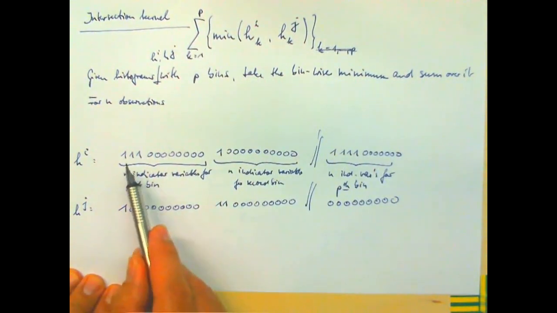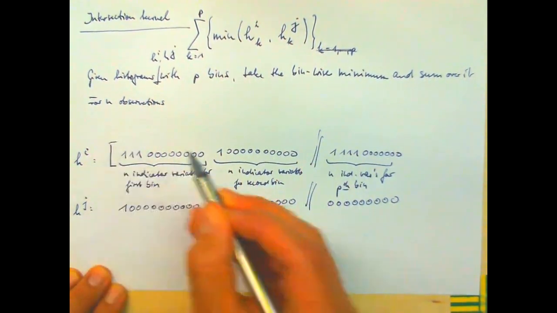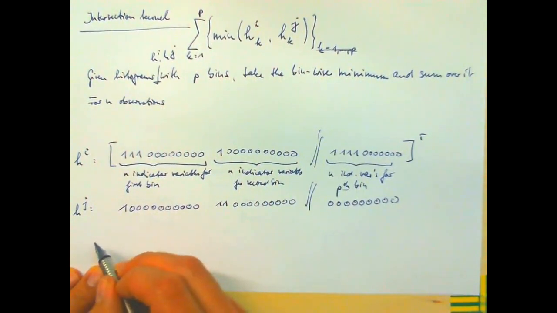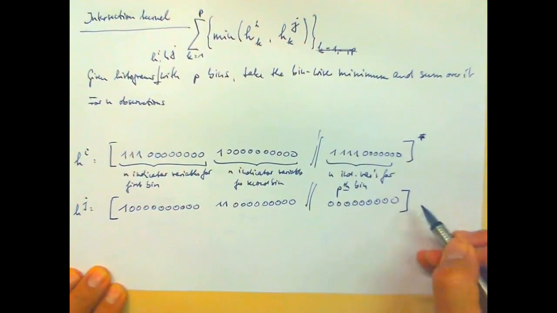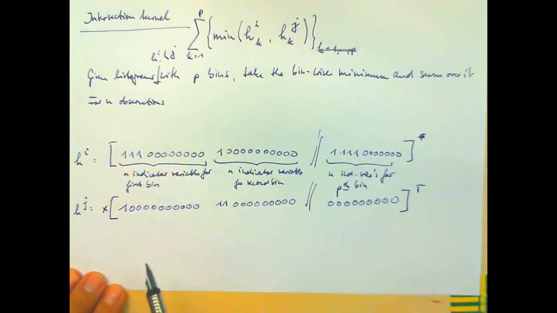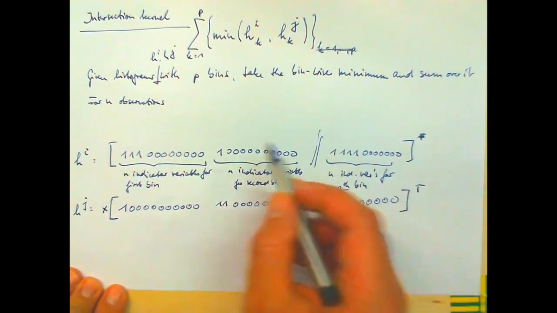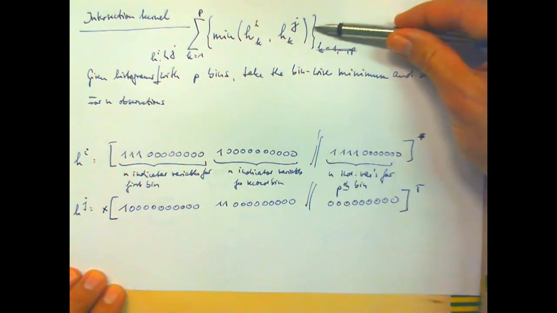You can now take that as a vector, and let me transpose this one here. If I now multiply the two, you will see that only those places where I had two 1s will survive. So this thing here is a redundant representation of the formula I had up there.